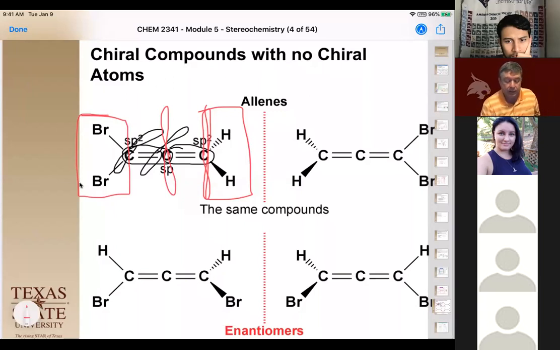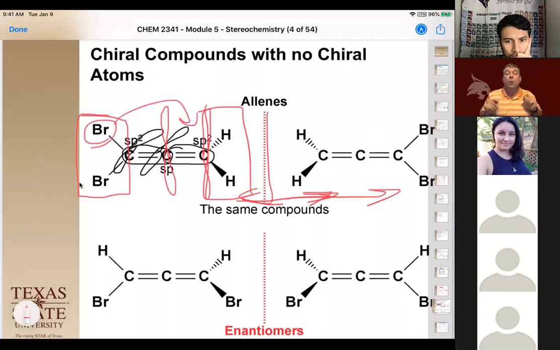And when we actually create our mirror image and do it such that it's non-superimposable, these actually turn out to be the same compound. So these are superimposable, but they have that system. However, if we move one of the bromines from this side of the allene to the other, we now can create a pair of enantiomers.